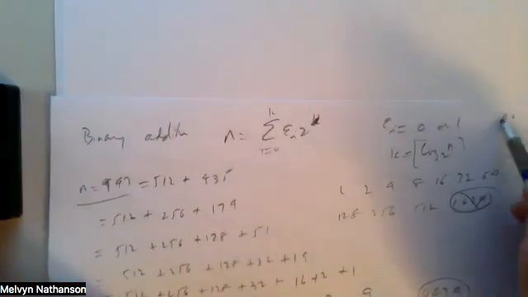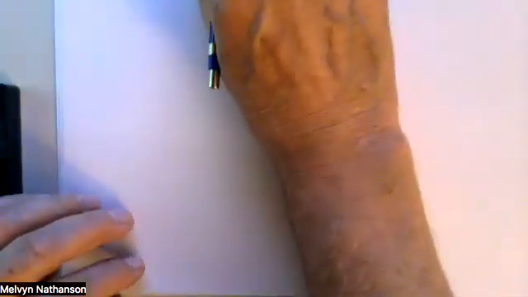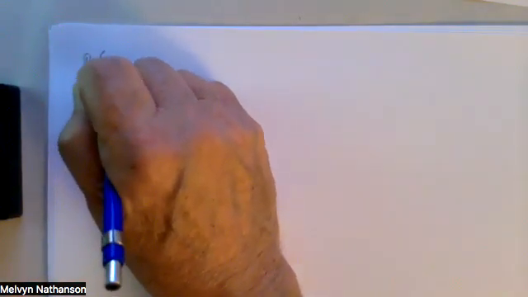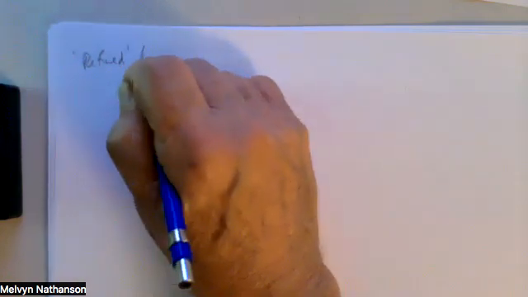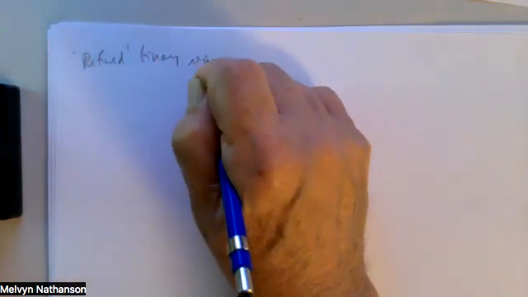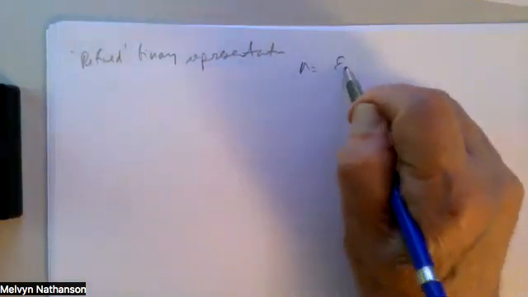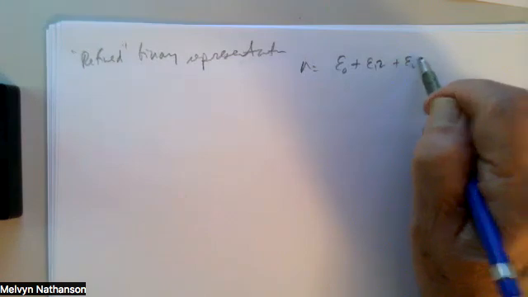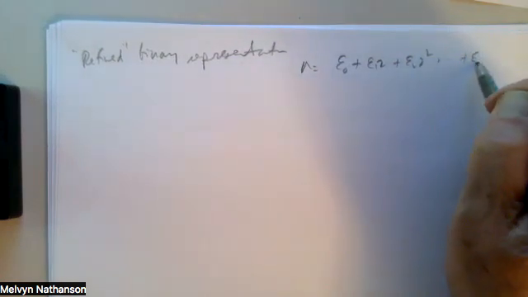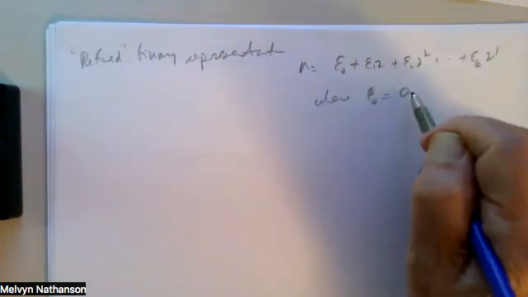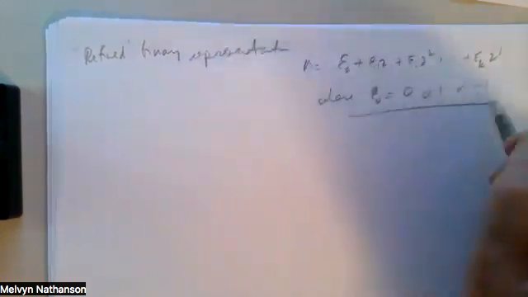The point of this story is you can actually do better than just expressing a number in binary to speed up additions. Suppose we use a kind of refined binary representation where we can write n as a sum of powers of 2, but where epsilon i is 0 or 1 or minus 1.